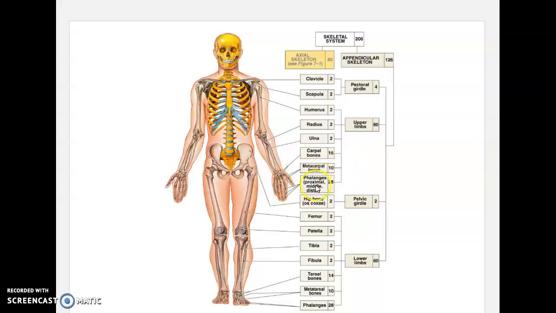Like the phalanges, the bones of the fingers: there are 28 bones of the fingers, all separate bones, but very similar to each other. We'll be talking about that a little bit later. I put an extra film up to help describe some of the area of the hand. It may seem really intimidating with the number, but when you think about most of them being doubled, it's really not that bad.